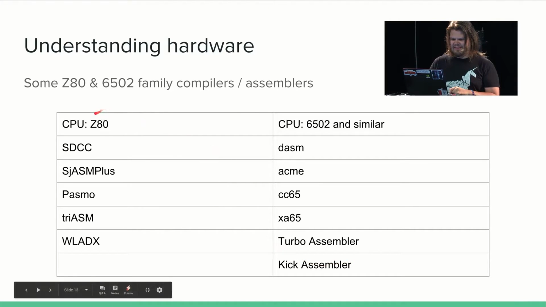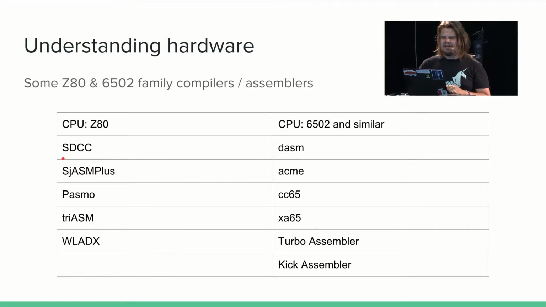So for Z80 and 6502, I personally used SDCC a lot for Sega Master System. I've used it on Sharp, and I've used it on MSX2 as well. This produces pretty good code, like the actual machine code from C. So this is a very high-level compiler I can use to program in the C language, so I can keep it very readable and understandable on a high level.